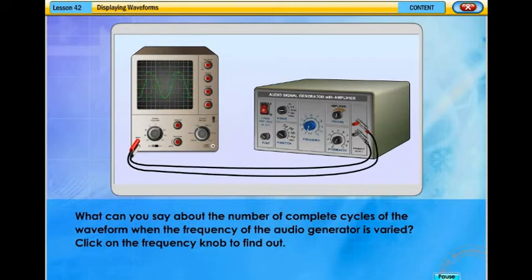What can you say about the number of complete cycles of the waveform when the frequency of the audio generator is varied? Click on the frequency knob to find out.